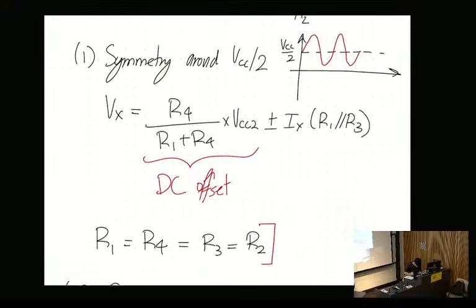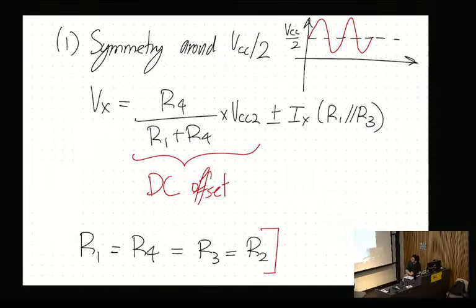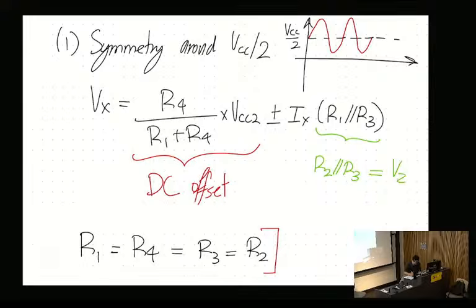And from the current condition, one thing maybe I skipped is that this is the current swing for the node Vx. The current swing for the case of VZ is just going to be the same thing but with different resistance values. So this one would be R2 and R3. That would be the case for VZ, right? Just the opposite voltage swing. Sorry, R2, R4.